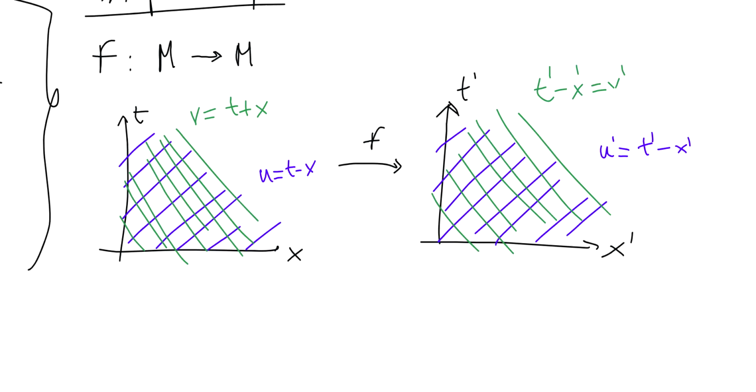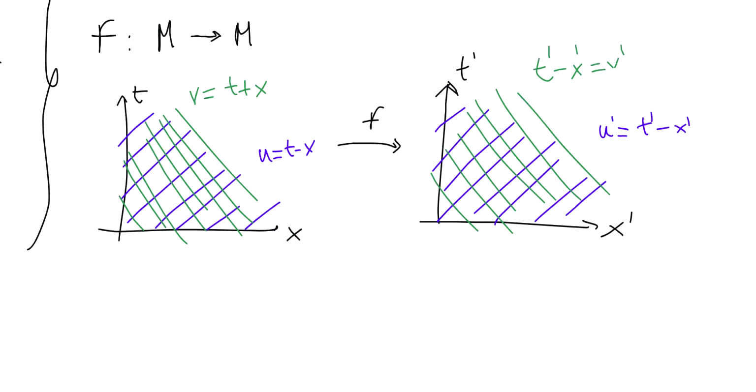All right, so first we can make sure that we're going to map light rays onto light rays. A conformal spacetime map is a function that preserves relative speed.